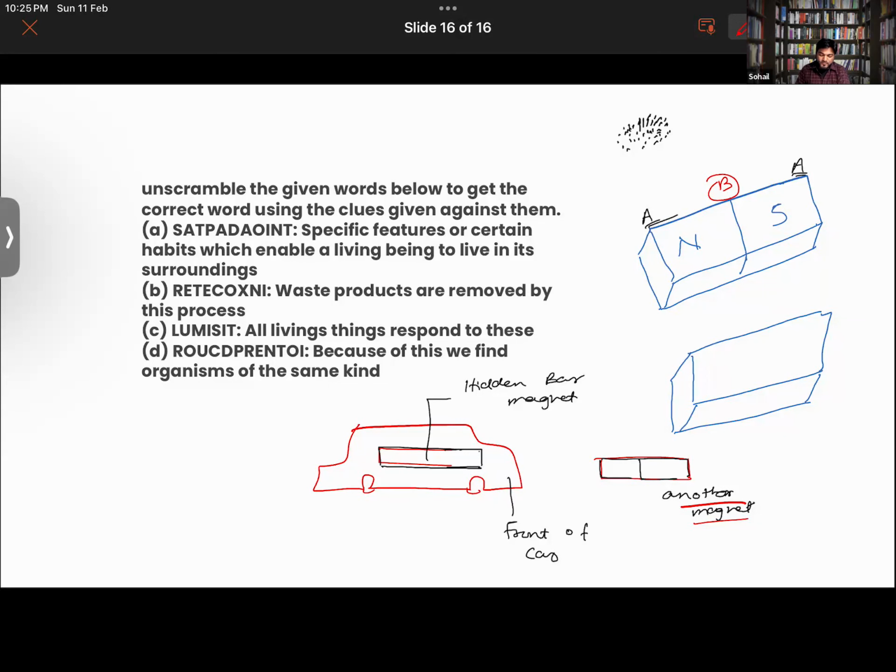Suppose the other magnet which you are bringing near has this end as south pole and this end as north pole. I have given you that much. Now think about it, keeping in mind that you know the like poles of a magnet, do they repel or attract?